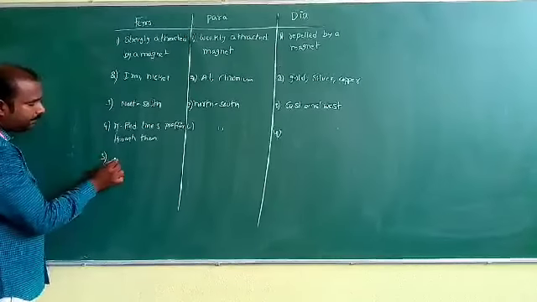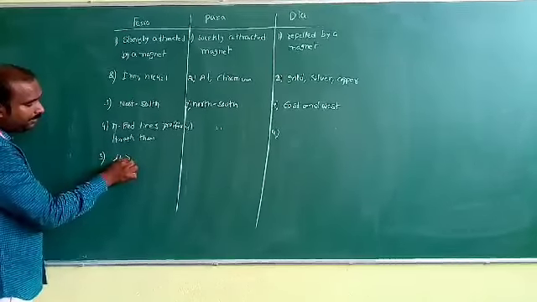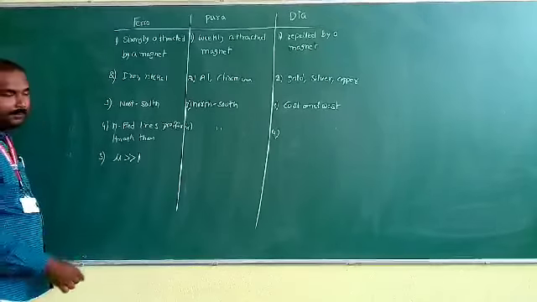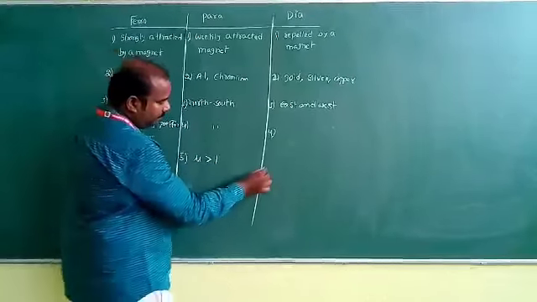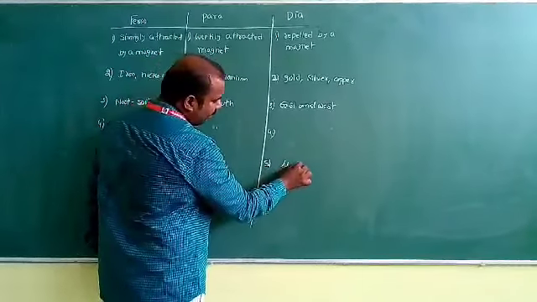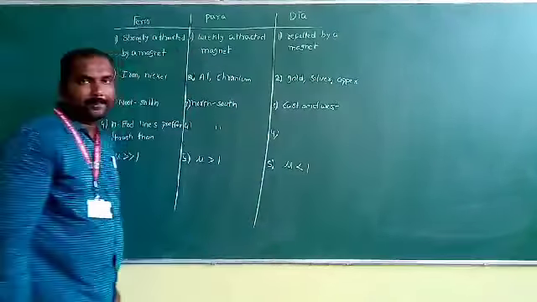Next, here the permeability value is much greater than 1. Here the permeability value is just greater than 1. Here the permeability value is less than 1.